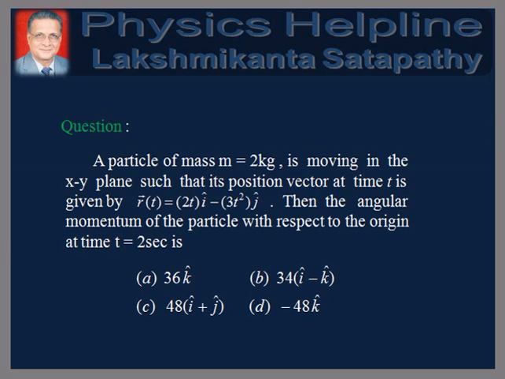Then the angular momentum of the particle with respect to the origin at time t equal to 2 seconds is. The options are 36 k cap, 34 into i cap minus k cap, 48 into i cap plus j cap, and minus 48 k cap.